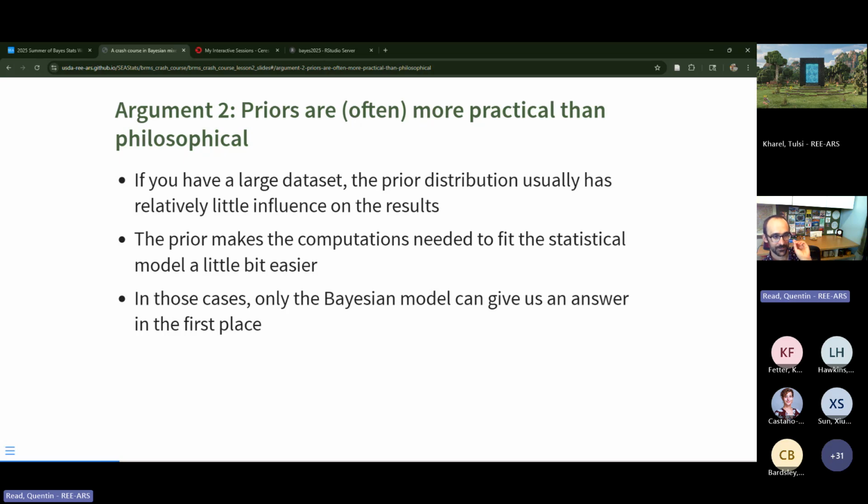The prior is just something that we use in many cases to make the computations needed to fit the statistical model a little bit easier, to help us converge on the right answer. And in many cases, a likelihood-only approach will fail and will not be able to get an answer. We actually need that little bit of extra help from the priors to constrain our answers to a reasonable range to even get an answer in the first place. It's just a more pragmatic argument.